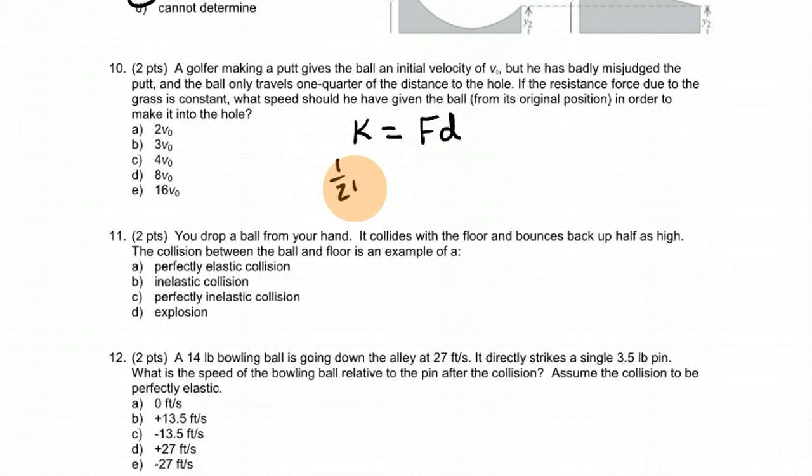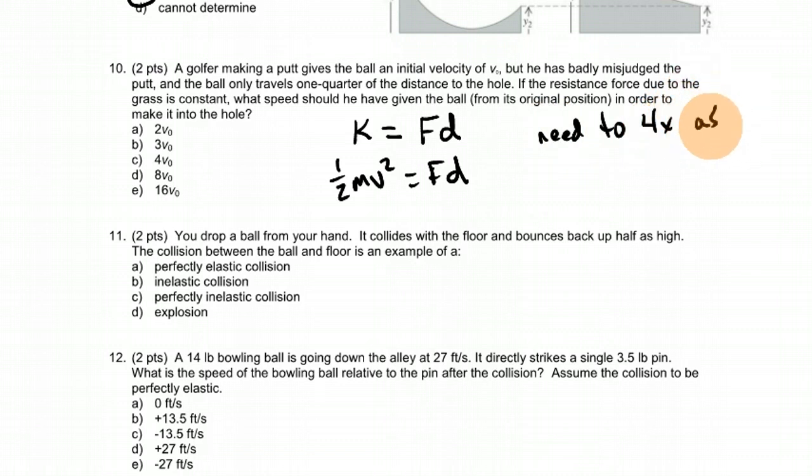So kinetic energy is 1/2 mv squared. It's equal force times distance. Okay. Looking at this, what's the problem say? It goes 1/4 the distance. Alright, so we need to travel 4 times as far. So I'll write that, need to go 4x as far. Just thinking about it in words.